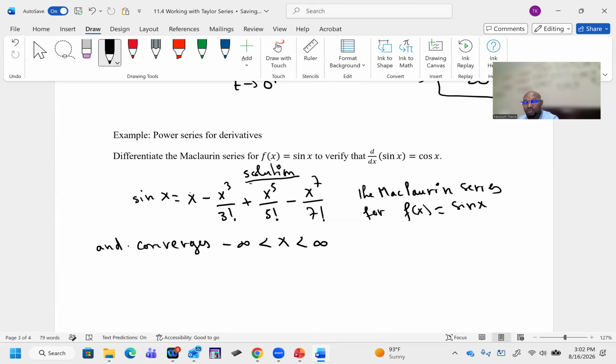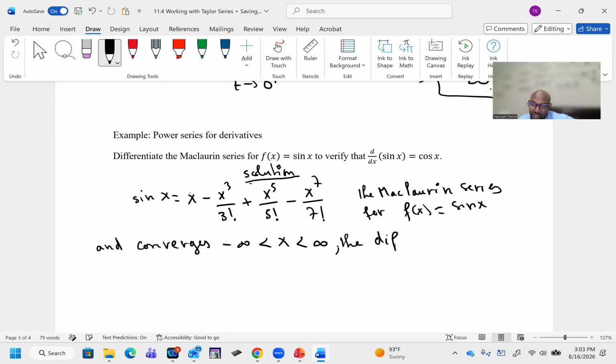And so, since it converges from negative infinity to positive infinity, the differentiated series also converges, right?